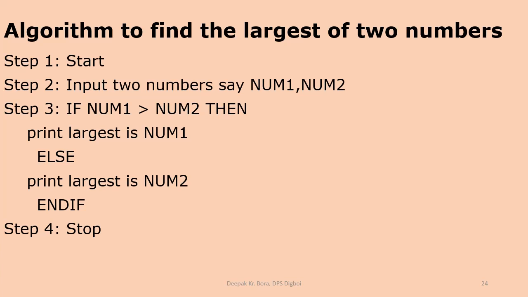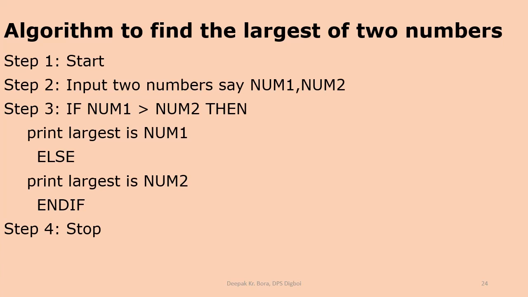So step 1, start. Step 2, input two numbers, say num1, num2. Step 3, if num1 is greater than num2, then print largest is num1, else print largest is num2, end if.